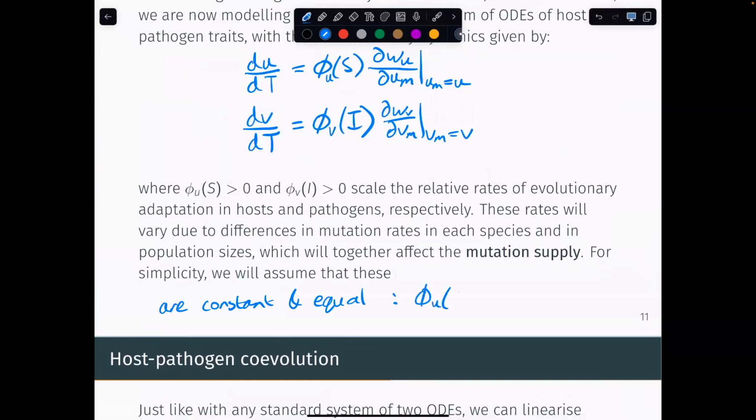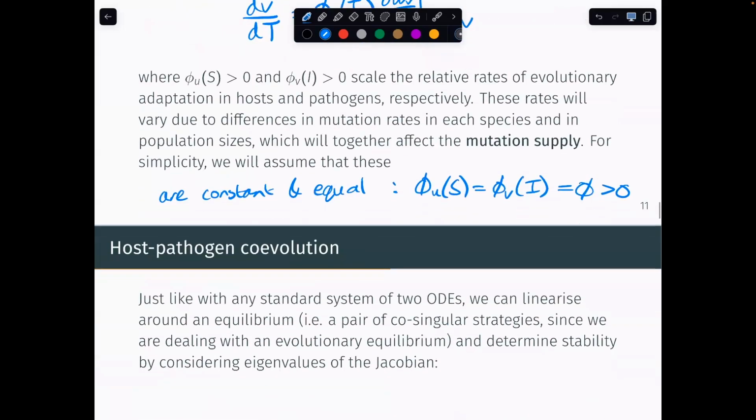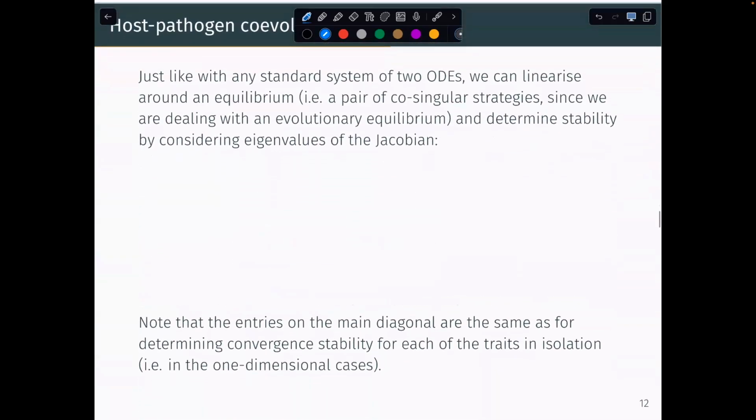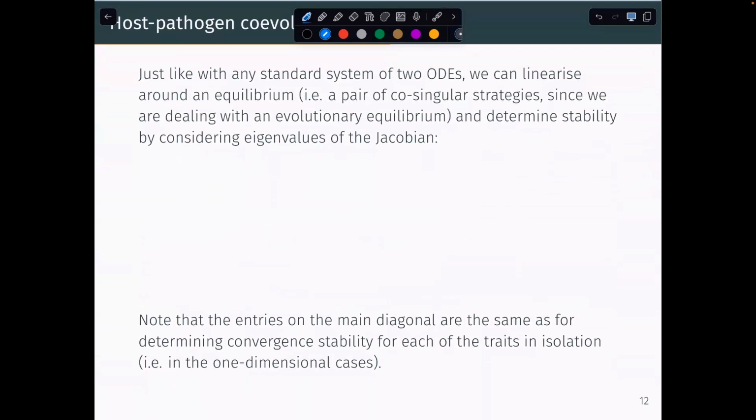So phi of u and phi of v are just going to equal some constant phi. This is obviously a gross simplification. But we're doing this just so we can more easily derive some conditions about convergent stability.